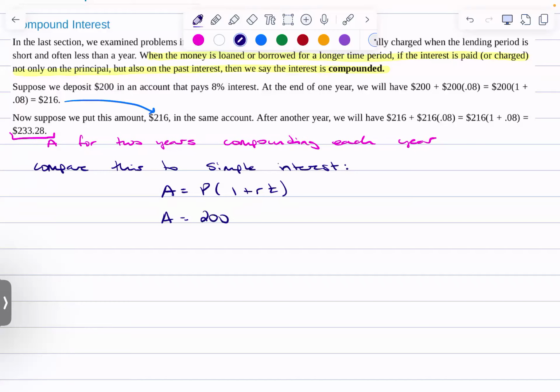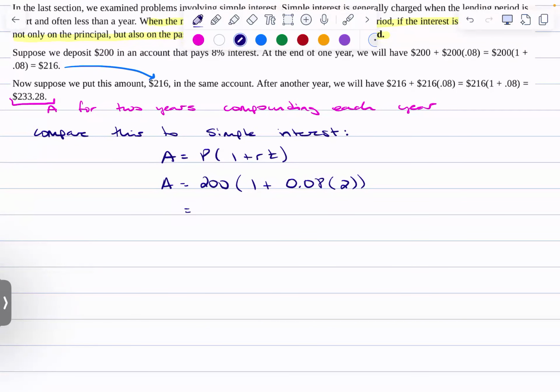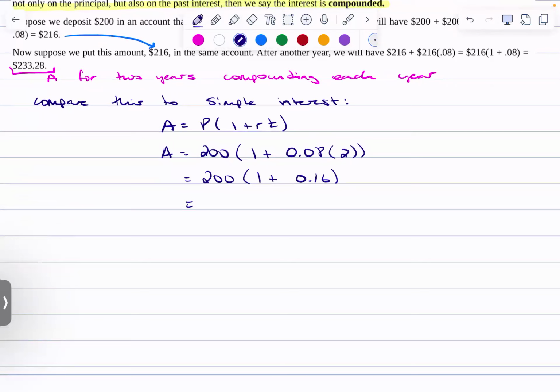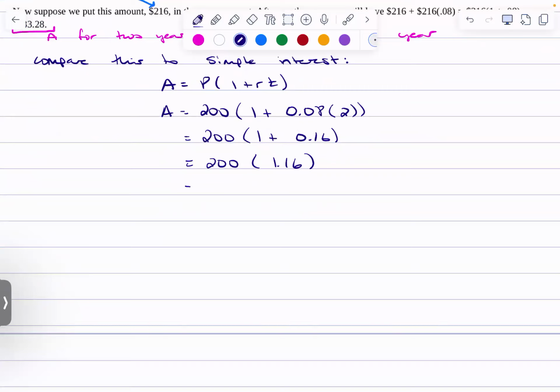The initial investment was $200, times 1 plus R, which was 0.08, and T is 2 years. 0.08 times 2, making sure you do the multiplication first inside the brackets, plus 1. I get 200 times 1.16, which is $232.